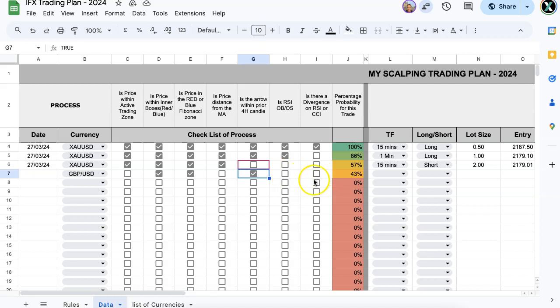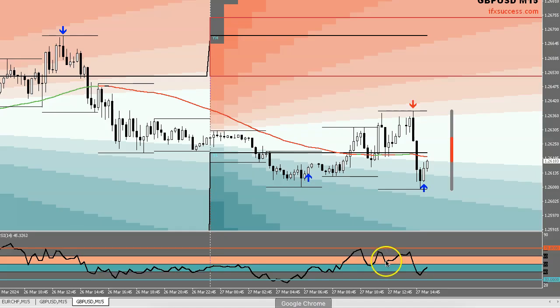And then if there's divergence, so what does divergence mean? Well, divergence would be that this price went lower than this one. If we compare this RSI and then right here, it did actually, just a tiny little bit. This low is a little bit lower than this one, okay?